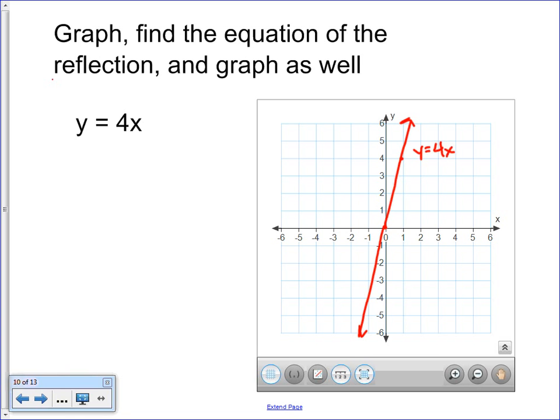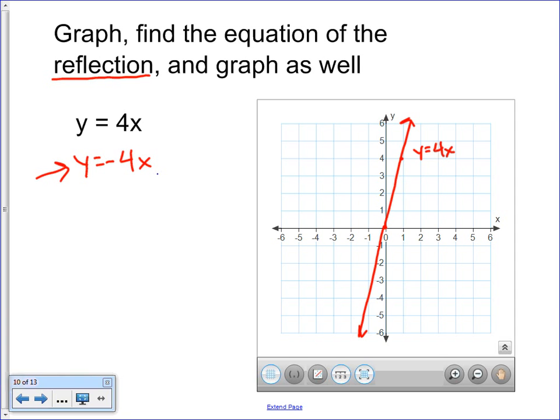Now to graph its reflection, a reflection is basically a mirror image across the y-axis. The only thing that we're going to do in the equation is make the number in front of the x the opposite sign. We notice how this one is a positive 4. Our new equation will be exactly the same, but switch that sign around. So its reflection is y equals negative 4x.